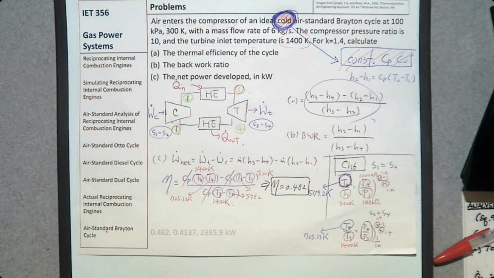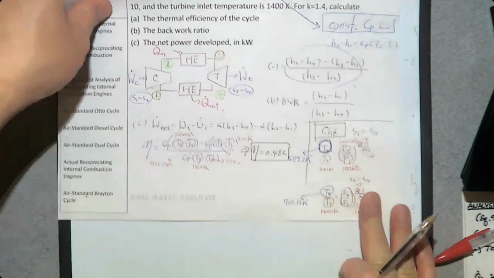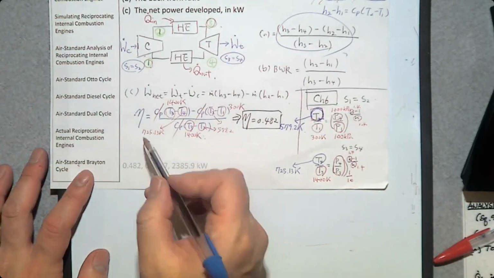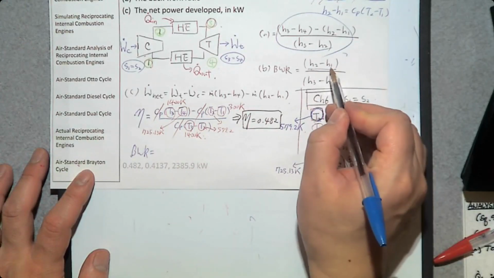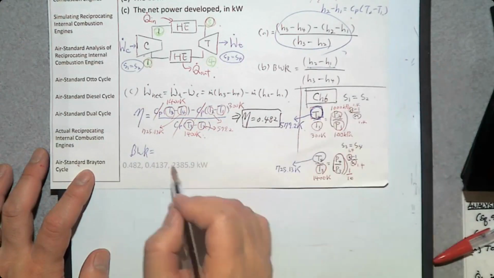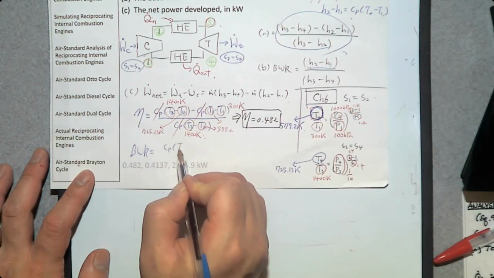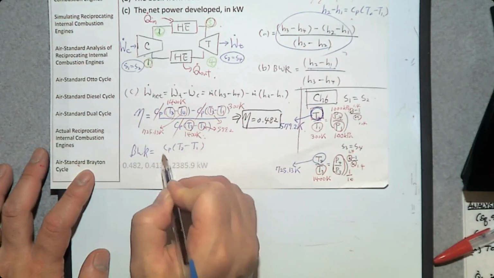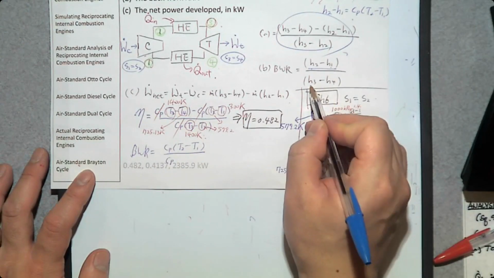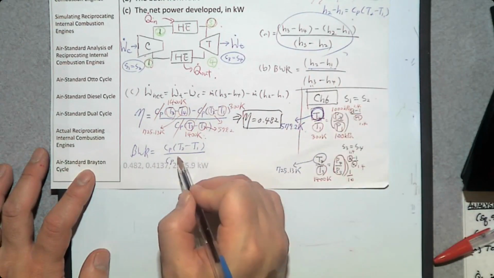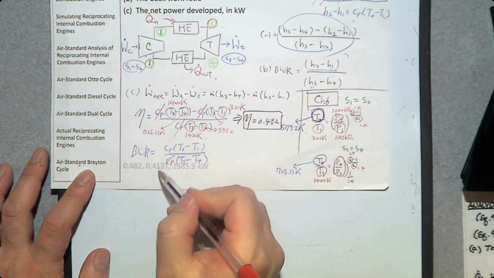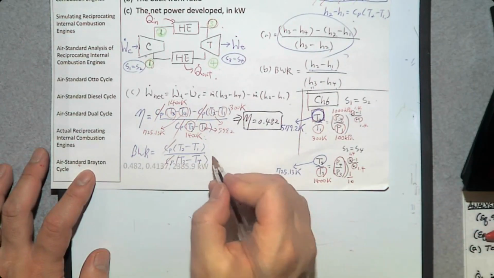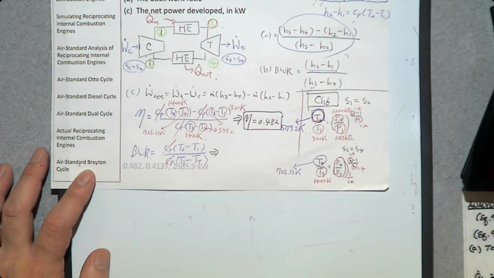What about the back work ratio? The back work ratio can be determined by this one. H2 minus H1 is Cp (T2 minus T1), over Cp (T3 minus T4), so Cp cancels out. Do we know T1?